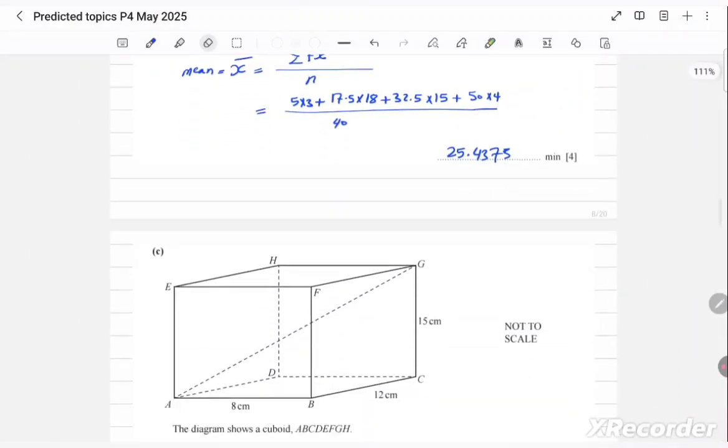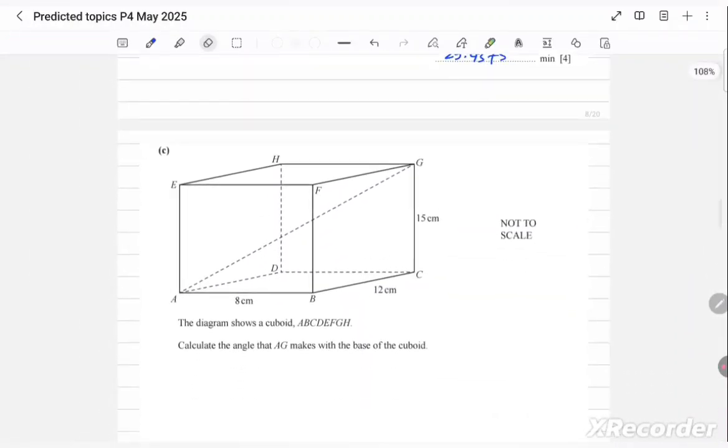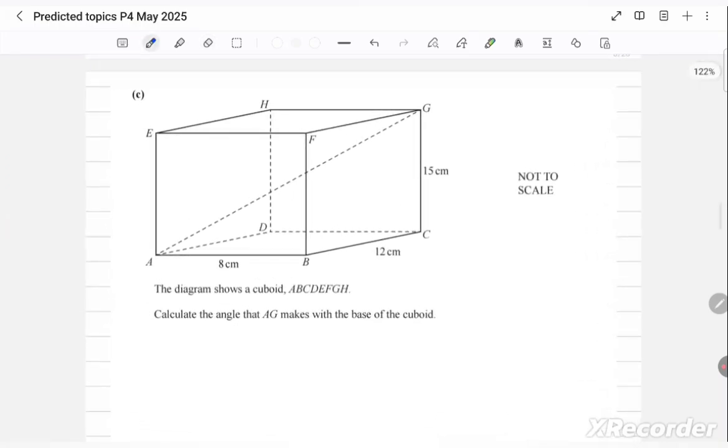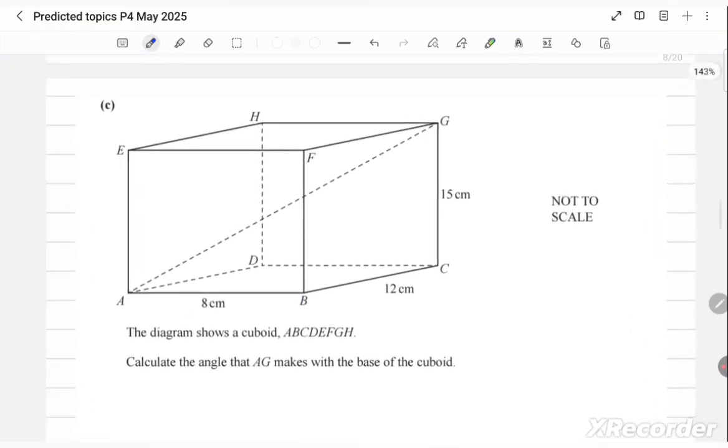Okay, next question. Next question is about probability. The diagram shows a cuboid, and we need to calculate the angle that AG makes with the base of the cuboid. So which angle exactly is this one?